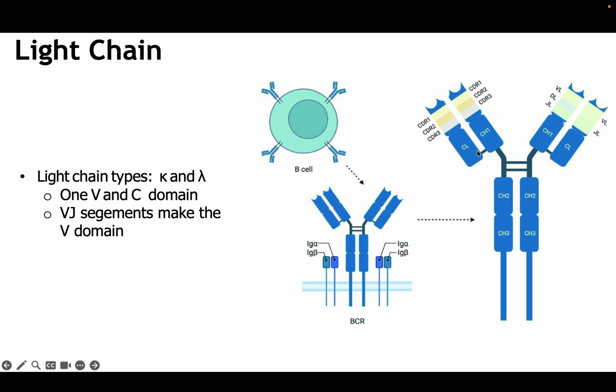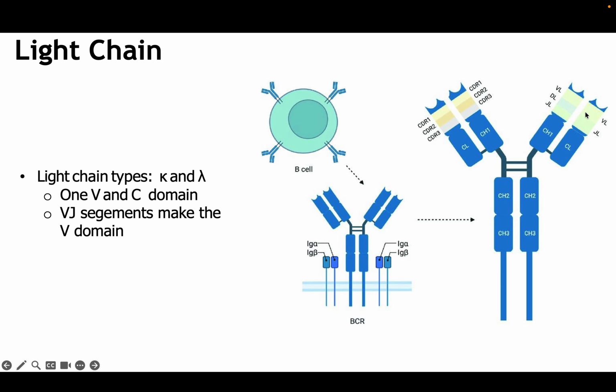The constant domain stays the same, so it's either kappa or lambda, and within the variable region, you have three CDRs. The CDRs are made of the VJ segments. So this could be your alpha TCR chain. Because the alpha has VJ segments, the same thing goes for the light chain. So your variable region in your light chain has 3 CDRs.